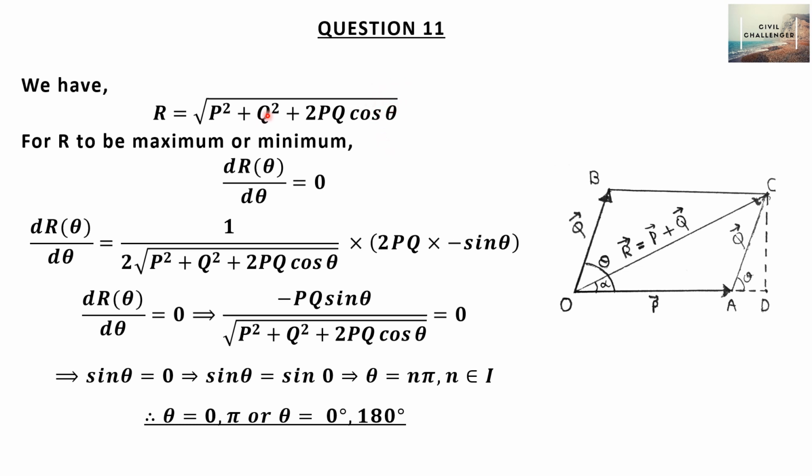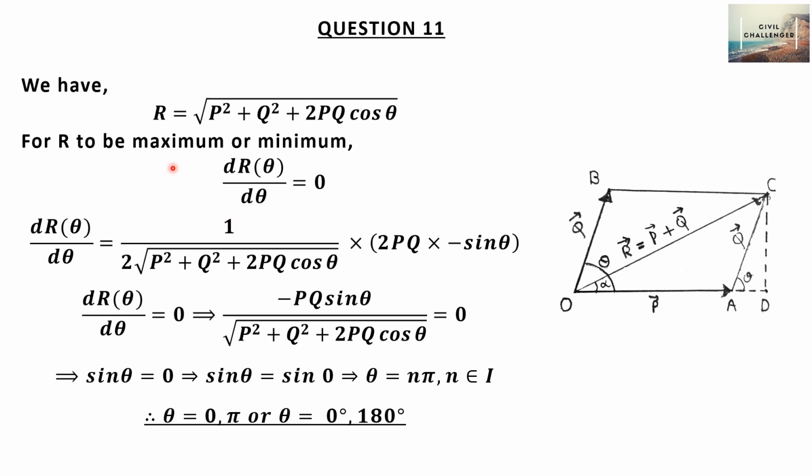The angle between the forces will be varying, and we need to find when the resultant of these two forces will be maximum and minimum. So in order to find that, we just need to find the derivative of this function with respect to theta and equate it to 0 to get the points at which this function will be either maximum or minimum.